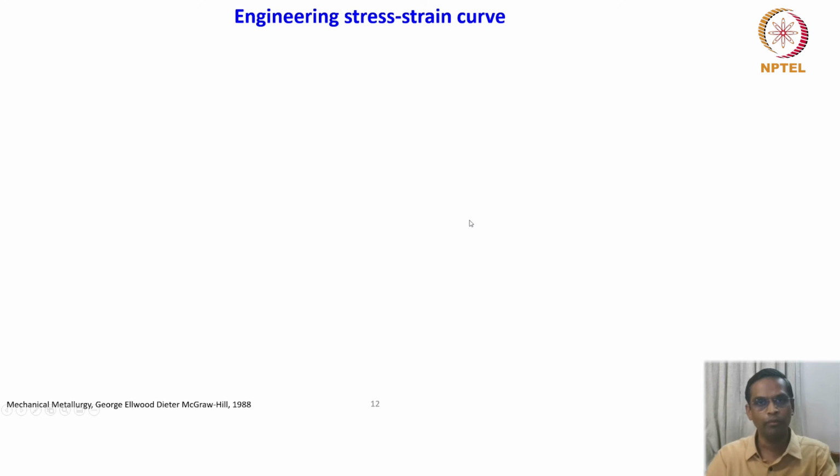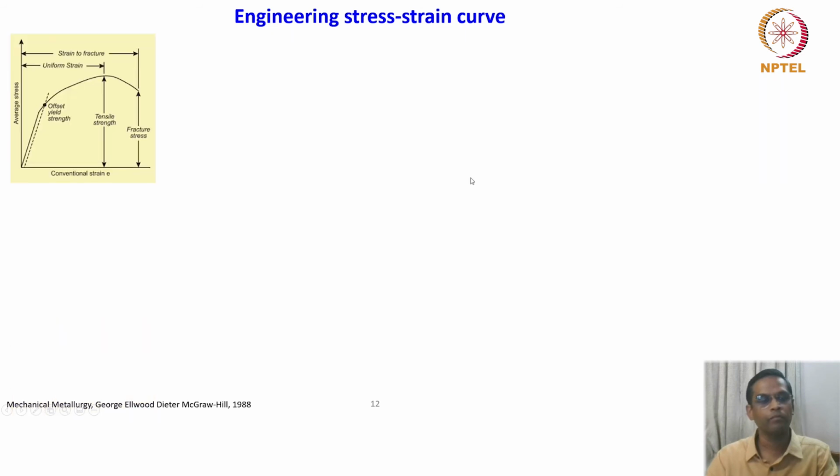Now we'll go to the engineering stress strain curve. Okay. So normally in any textbook, the engineering stress strain is illustrated like this. So what is plotted here is the average stress versus conventional strain.